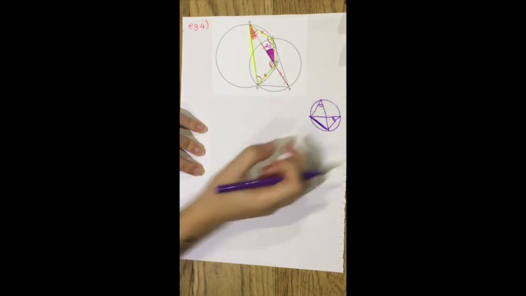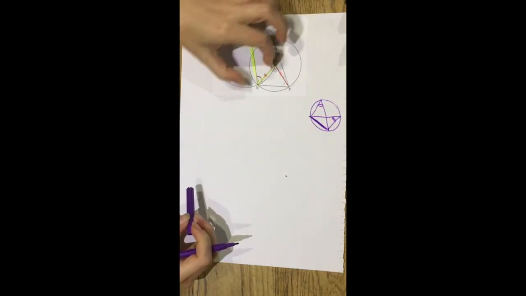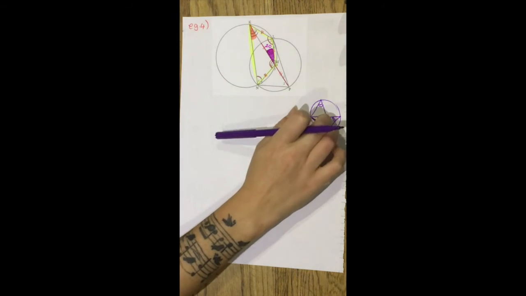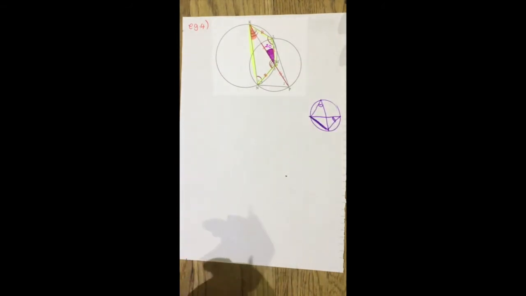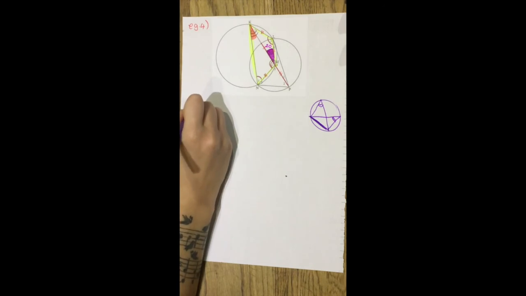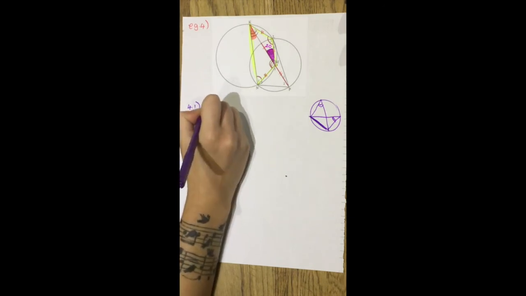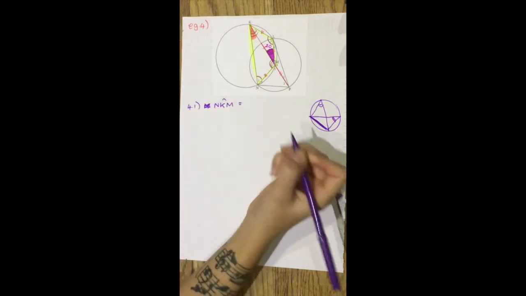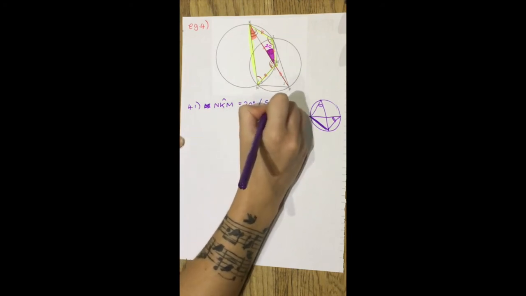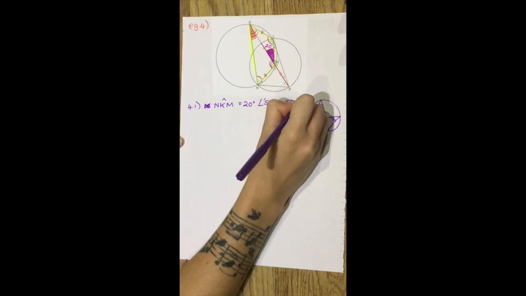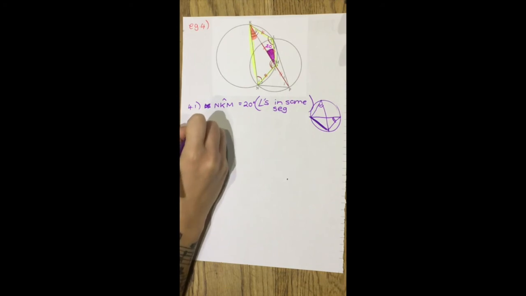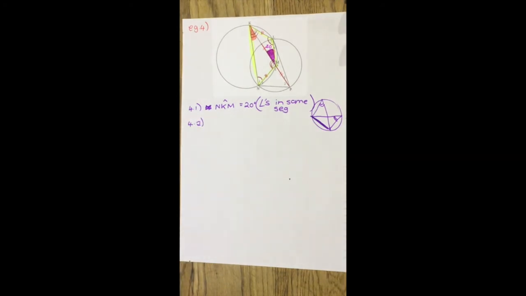But sometimes the chord can be placed in a different area. So this chord subtends, and the chord that is the exact same size also subtends. Remember, what is this called? Angles in same segment. So 4.1, NKM is equal to 20, because angles in same segment.